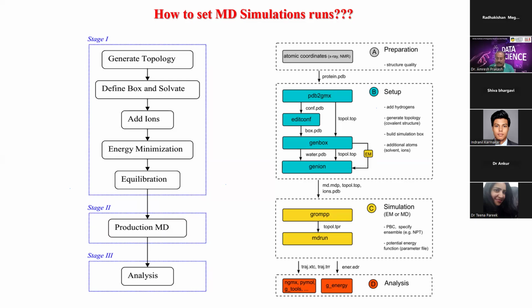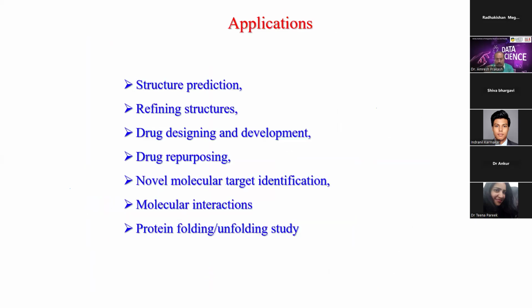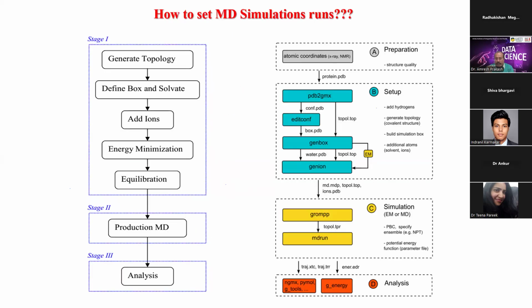Again, in this analysis, we usually do some general analysis, like global parameter analysis: during the simulation, what was the volume of the protein, how the protein was behaving, whether its structure remained intact or not, which is defined by the radius of gyration, and how its atomic fluctuation is defined by the RMSF, and solvent accessible area.